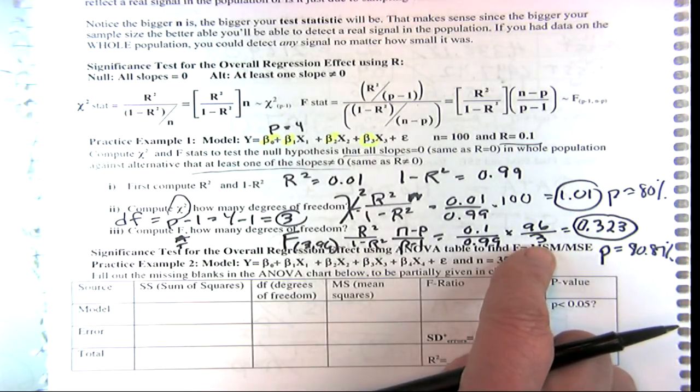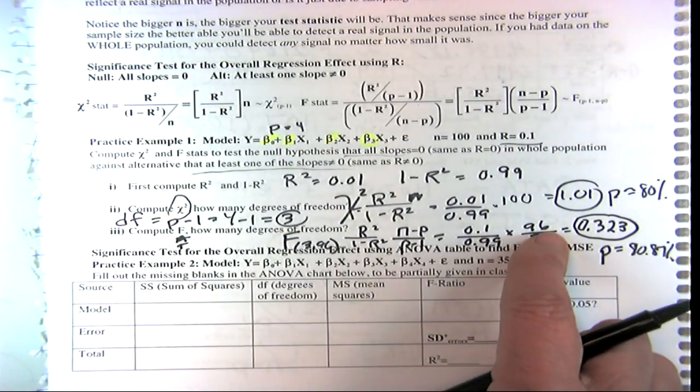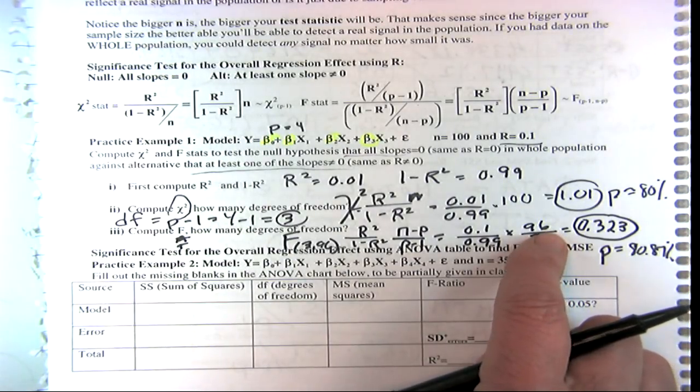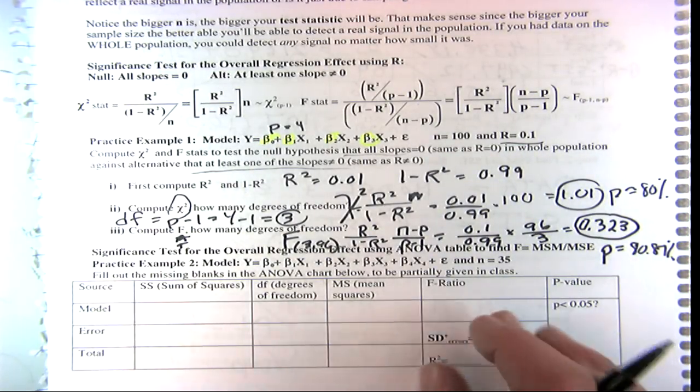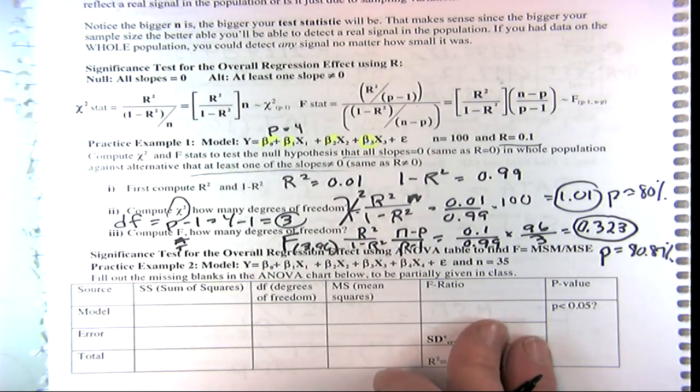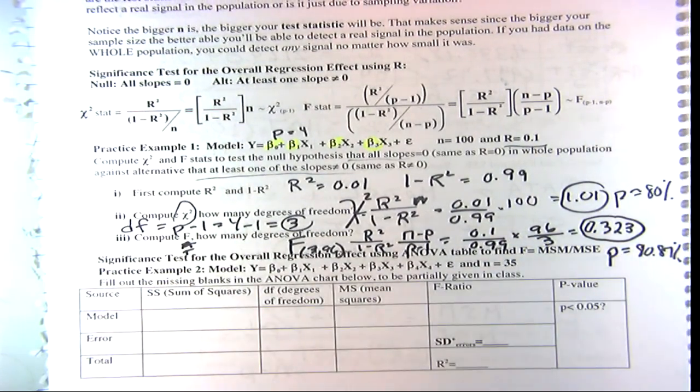That goes with the model. And this one goes with the errors. Every single prediction you make, all n points, in this case all 100, has an error associated with it. But it's n minus the parameters. Okay? So that's how you should remember it.